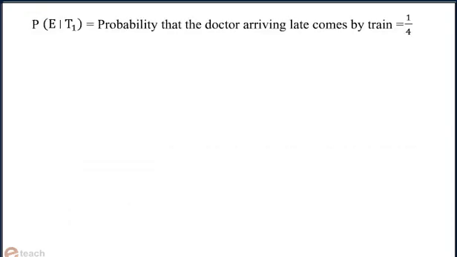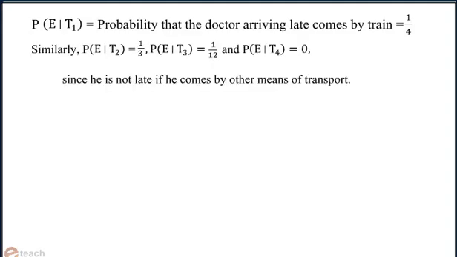Probability of E given T1, that is, probability that the doctor arriving late comes by train, is 1/4. Similarly, probability of E given T2 is 1/3, probability of E given T3 is 1/12, and probability of E given T4 is 0.